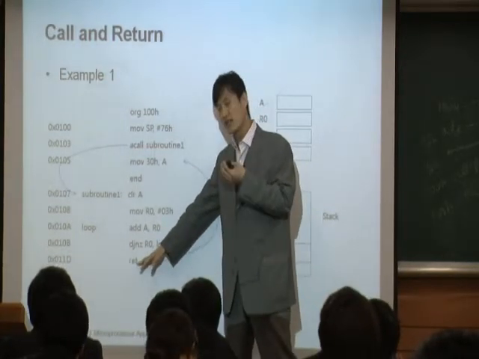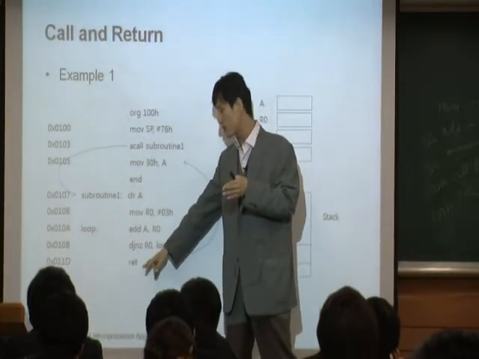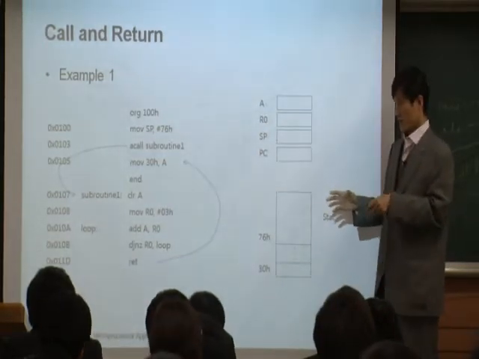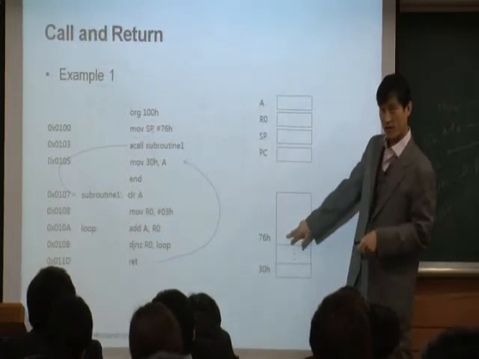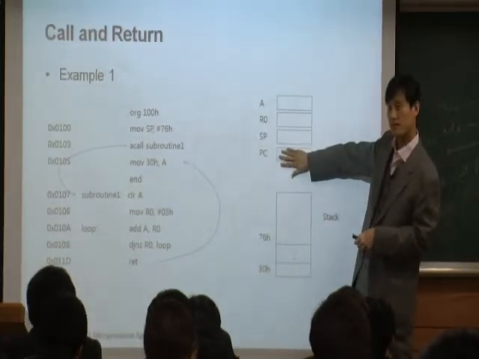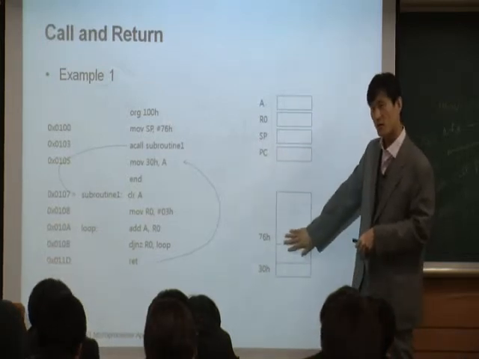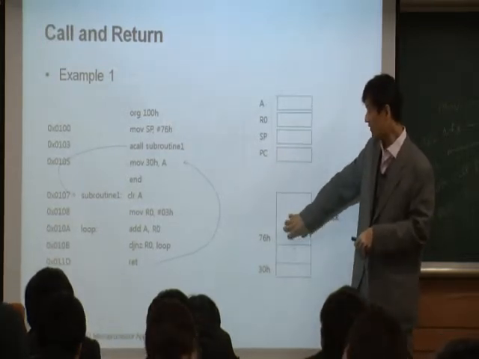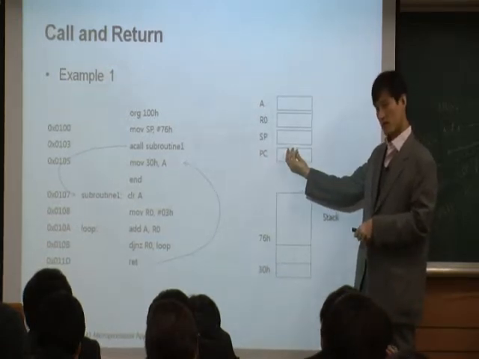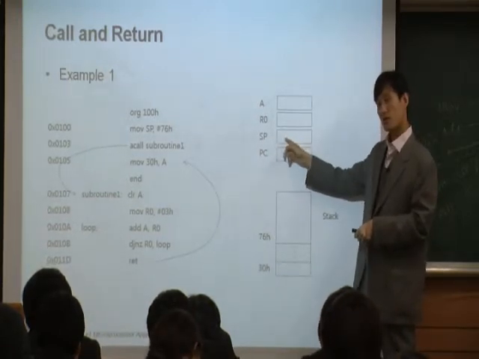But when you do this, the hardware looks at this, and this is actually return. So what happened? It goes to the stack, pops this value out, and copies it into the program counter. And what value did we have here? 105. Now 105 is copied into the program counter. And what happened to the stack pointer?